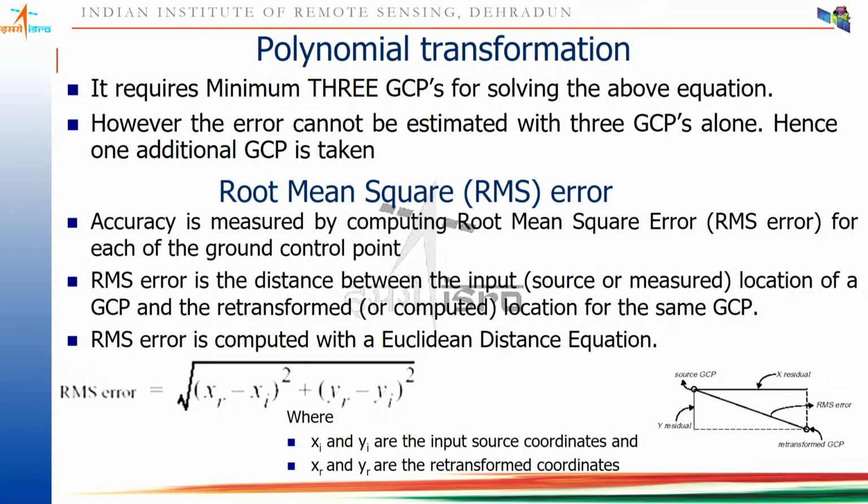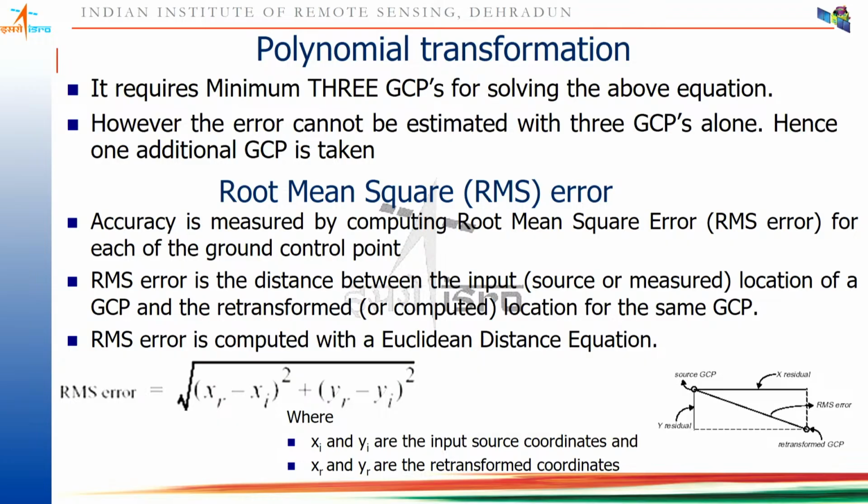However, with 3 ground control points, the error cannot be estimated. So for error, I need at least one more ground control point. That means a minimum of 4 ground control points I should take to transform my image to map, and vice versa. I can also do map to image coordinate transformation.